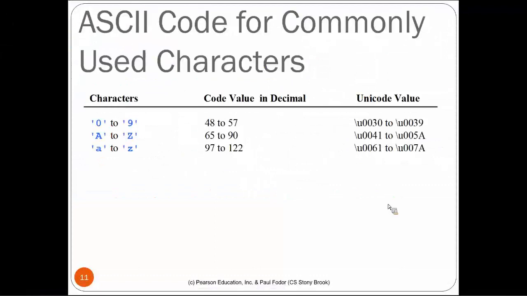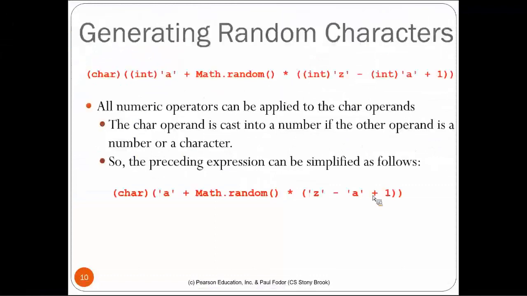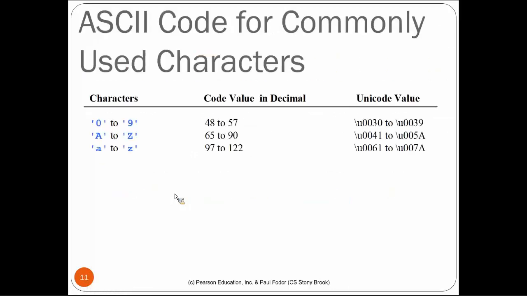However, you don't really need to remember any of these numbers because you can always use the characters themselves in any mathematical expression. So you don't need to know the Unicode for lowercase a because you can use the lowercase a whenever you need it. Similarly, you don't need to know any of the character codes that we saw before, you can just use the character itself.